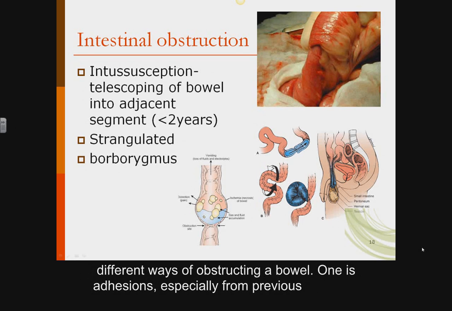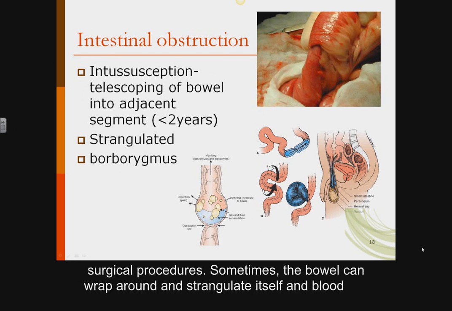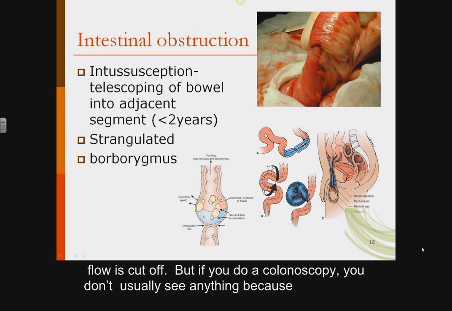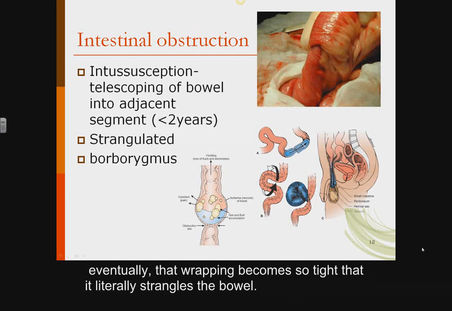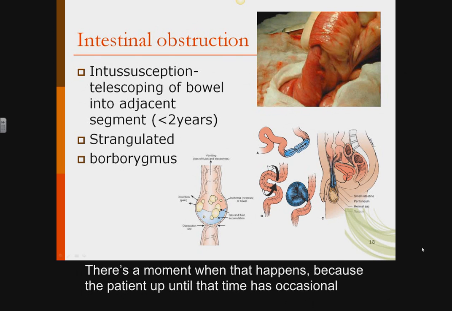There are different ways of obstructing a bowel. One is through adhesions, especially from previous surgical procedures. Sometimes the bowel can wrap around and strangulate itself and blood flow is cut off. But if you do a colonoscopy, you don't usually see anything because it's a strangulation from the outside, not from the inside. There is this narrowing, and eventually that wrapping becomes so tight that it literally strangles the bowel.